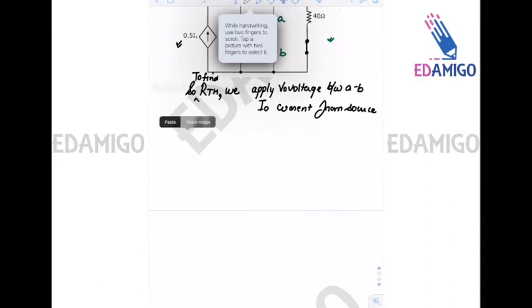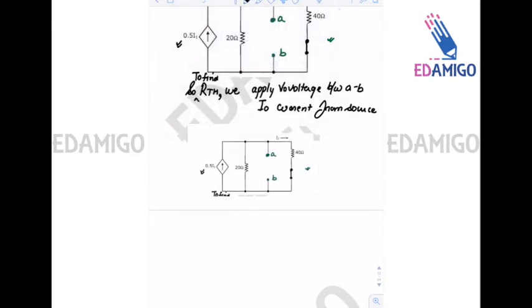So this is the figure of the question. Now we apply a V0 voltage and assume I0 current is flowing. Assume that this terminal is grounded and thus this terminal will be at voltage V0.